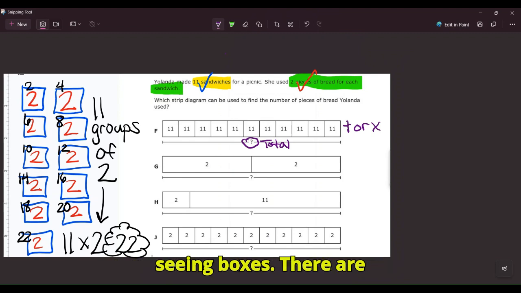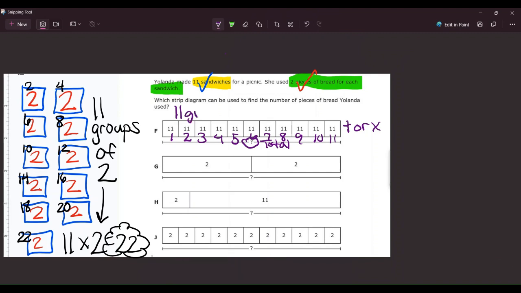Well, I'm seeing boxes. There are 1, 2, 3. I do see 11 boxes. So there are 11 groups. Well, that matches what I have. I do have 11 groups as well.